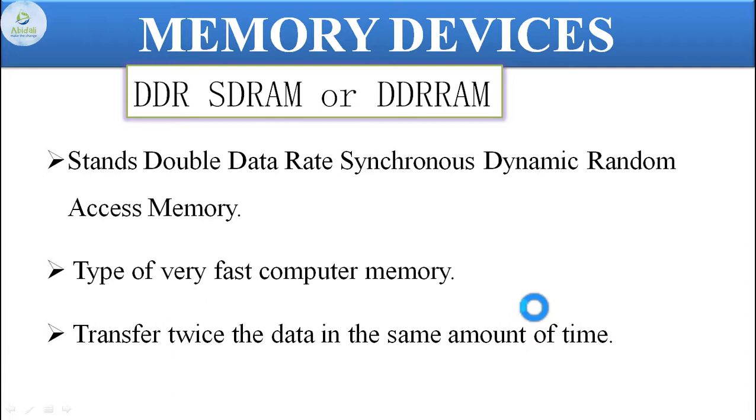It is a type of faster memory that is available and it can transfer twice the data at the same time compared to a simple RAM. So double data rate is the way of transferring data which is twice the amount of what the normal RAM transfers.